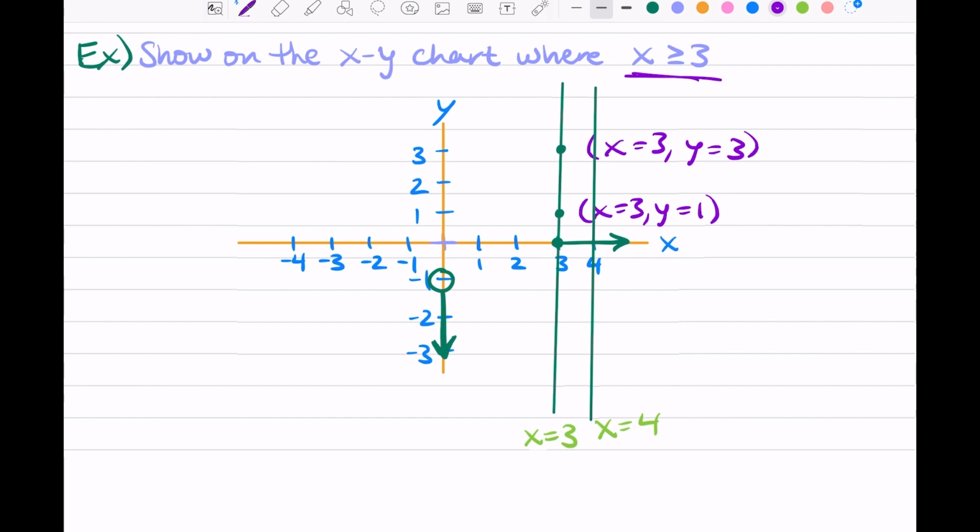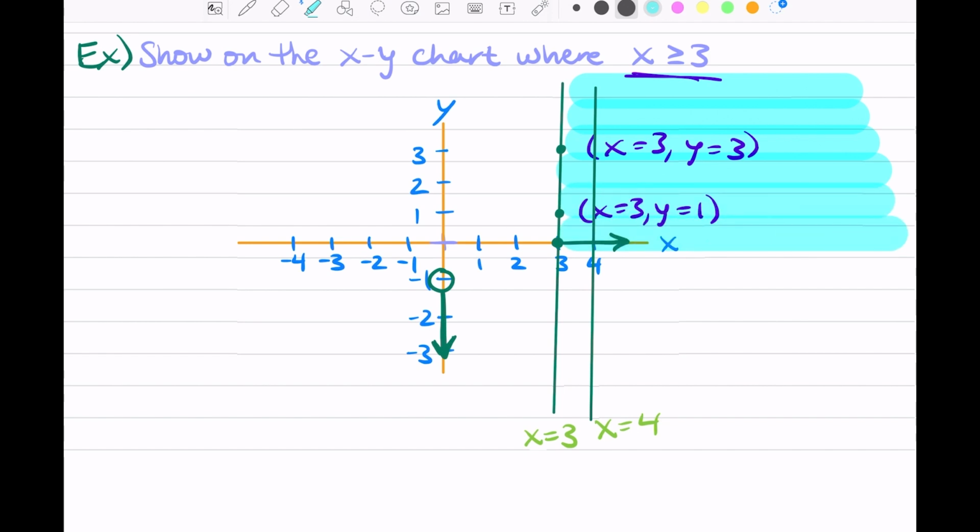So you can keep drawing lines up and down, and what you get for every x that's greater than or equal to 3 is not just an arrow on the line, but you get an entire region here. This entire region is where x is greater than or equal to 3.